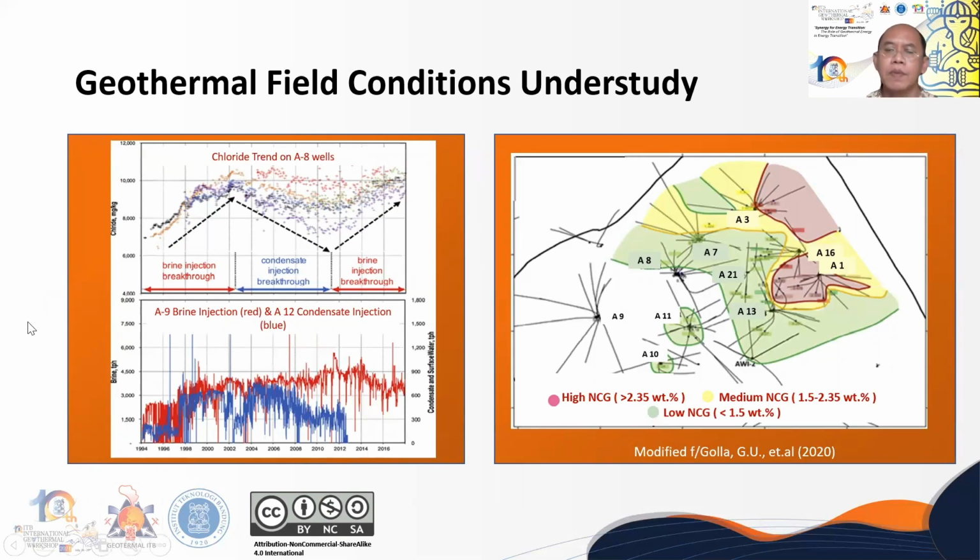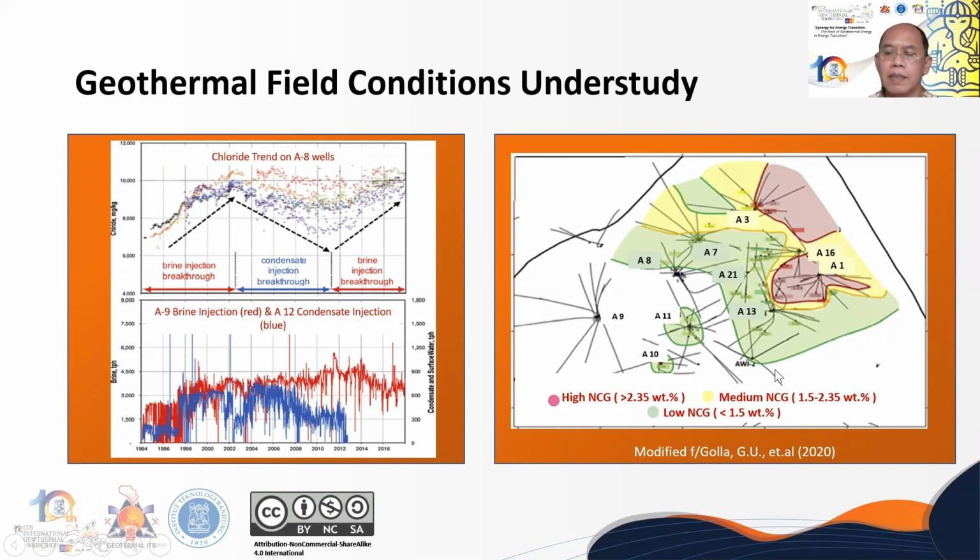As stated in some papers, in the west sector, the impact of brine injection and condensate injection already has a significant effect in 8 wells. The brine effect creates a chloride increase, whereas condensate injection dominance causes a chloride decrease.